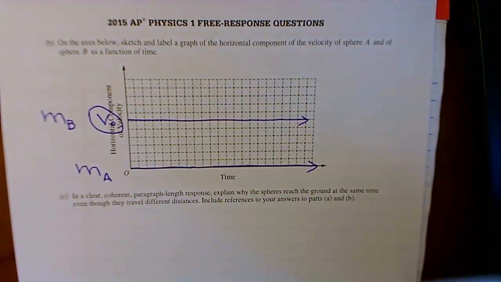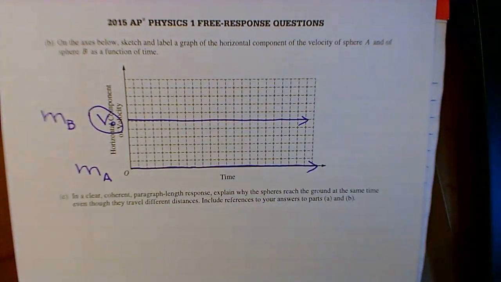So somehow I have to put all that in words and write a coherent paragraph length response. So writing the response means you have to understand it, but can you write it in such a way that you could explain to somebody who wasn't in physics or who didn't know these laws why the time would be the same. So that's my example of a paragraph length response, and I hope that helps you see the types of questions that you are going to see on the AP Physics exam.